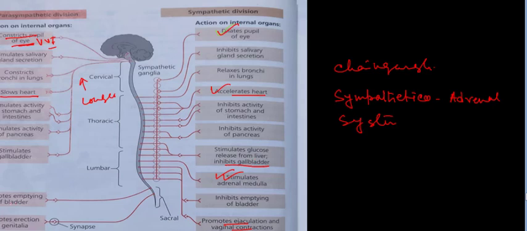The parasympathetic division promotes the emptying of the bladder, and the sympathetic division inhibits it. The parasympathetic division promotes erection, and the sympathetic division promotes ejaculation and vaginal contraction. So these are the functions of the sympathetic division.